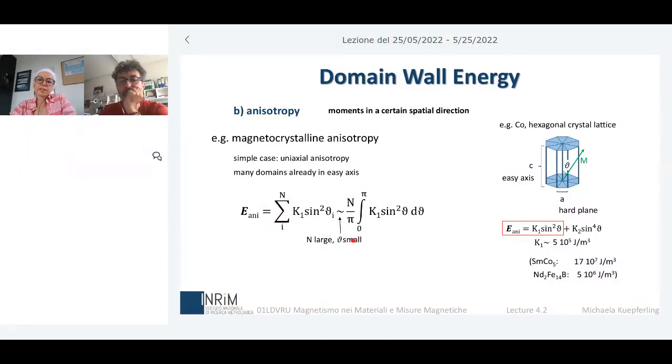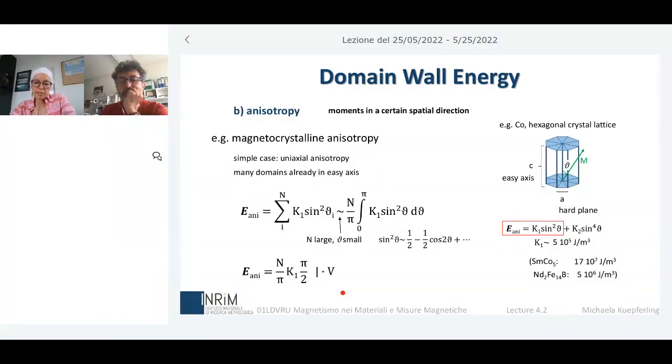If theta is small, you can consider this as an integral, but we are doing this really only to simplify the calculation in order to get an immediate end result. In this way, again, you use a Taylor expansion of sine squared theta, and you get your anisotropy energy.